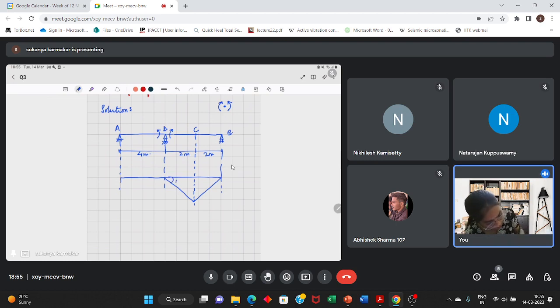Again, at this point, if this angle is theta, tan theta will be 1. So this tan theta is 1.